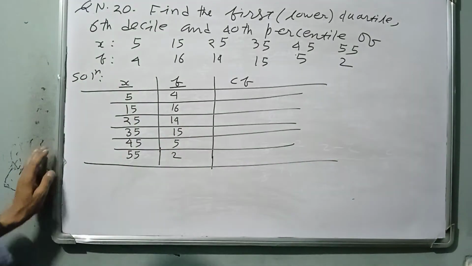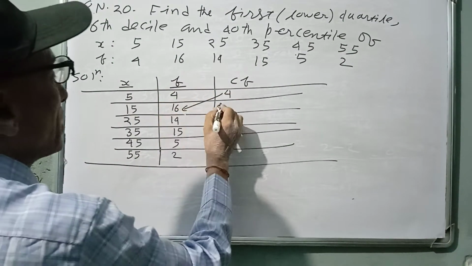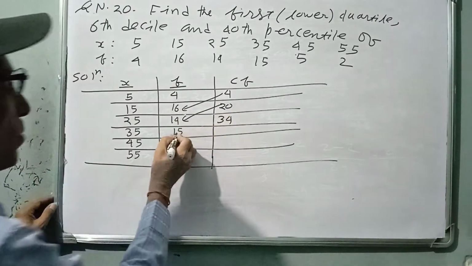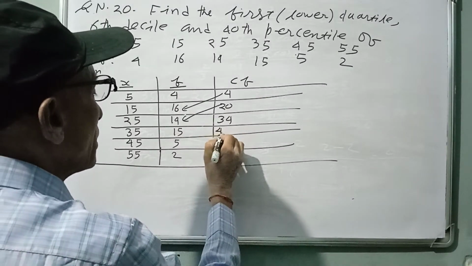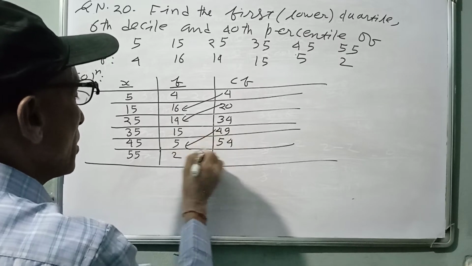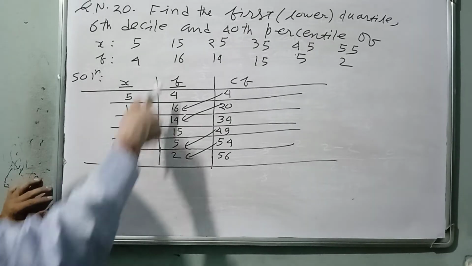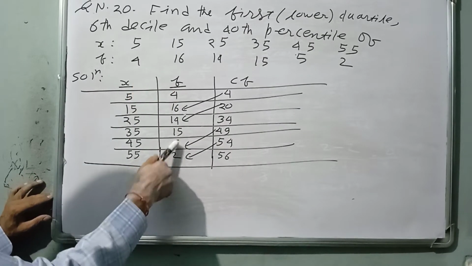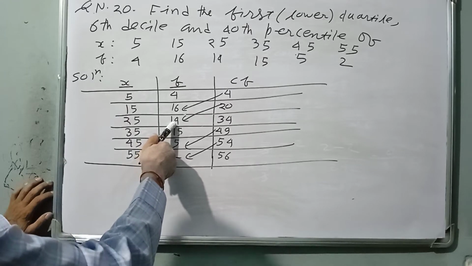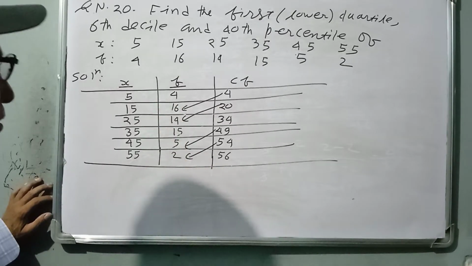Cumulative frequency: write 4, 4 plus 16 is 20, plus 14 is 34, 34 plus 15 is 49, 49 plus 5 is 54, 54 plus 2 is 56. What is the total number? 56. You can count from down: 2, 5, 7, 15, 22, 22 plus 30 plus 4, 56.